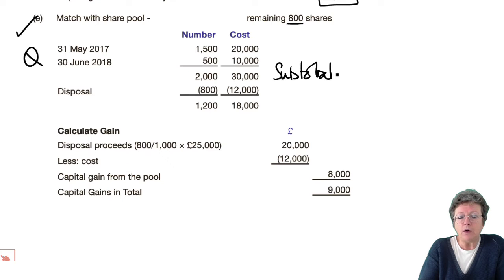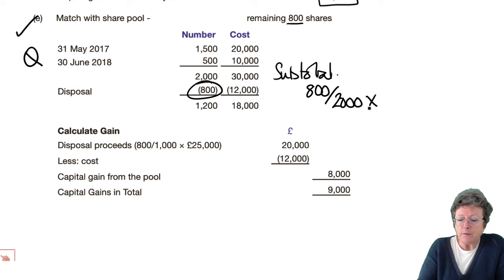Because now we are going to remove 800 shares. Okay, we're going to remove 800 shares. Now there's several ways that you can do this. I do 800 out of the 2,000 times 30,000.